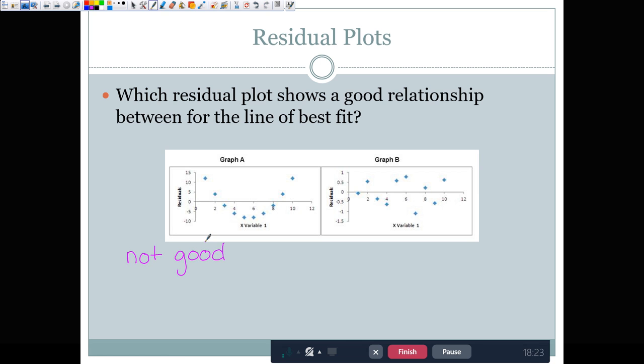So it is a non-random pattern. How about here? Are there about the same numbers above and below? Yeah, it fits the data pretty well. So this is a good representation. And is there a pattern to the dots? No, there's no pattern. It's random.